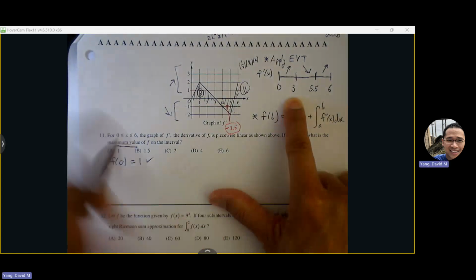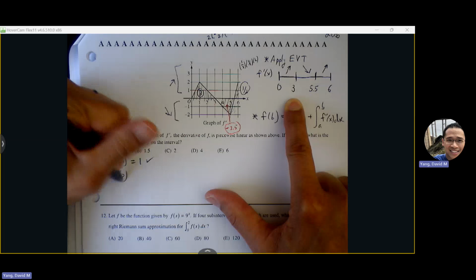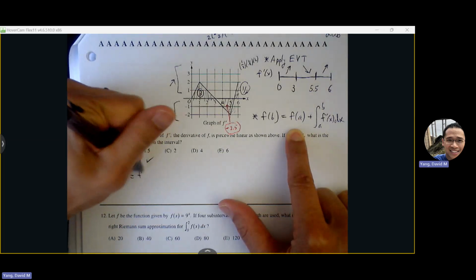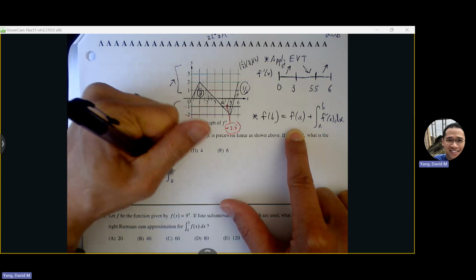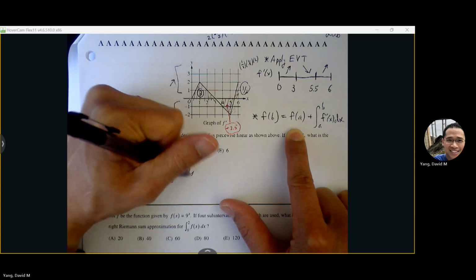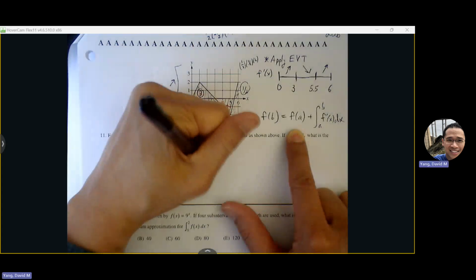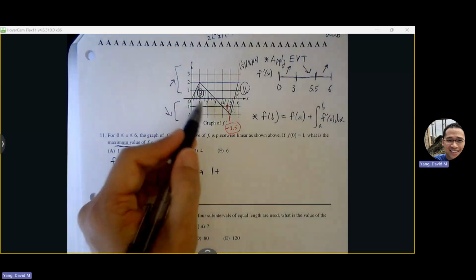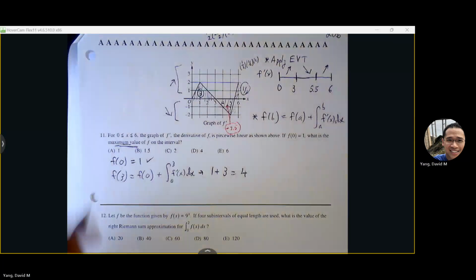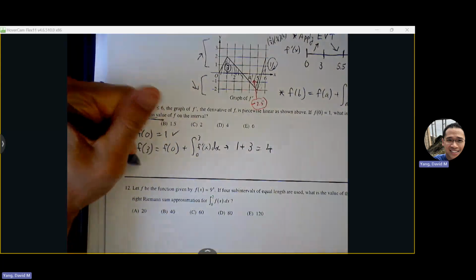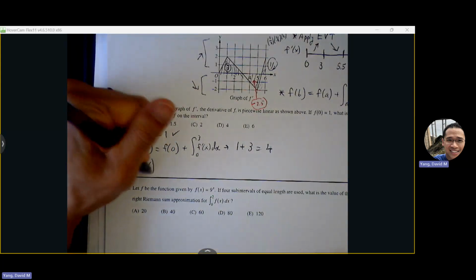So let's find f of 3. f of 3 is equal to f of 0, which we know to be 1, plus bridging the gap from 0 to 3 under f prime. So f of 0 is 1. From 0 to 3 is 3. So 1 plus 3 is 4. So that's a candidate. The next one is f of 6.